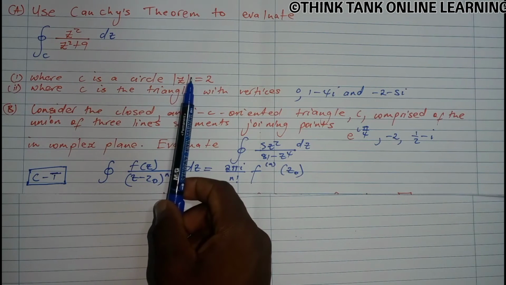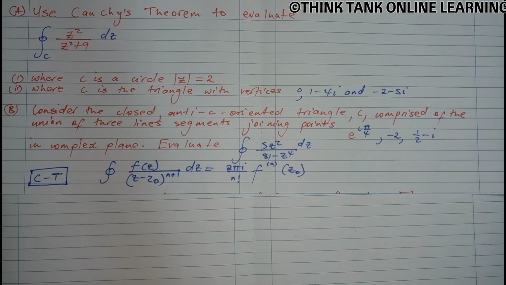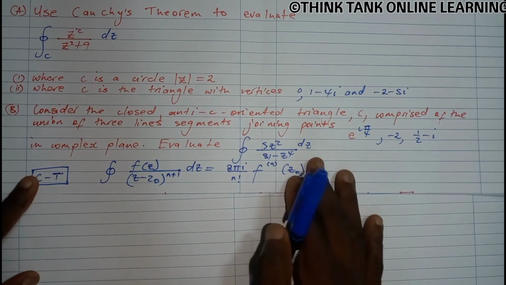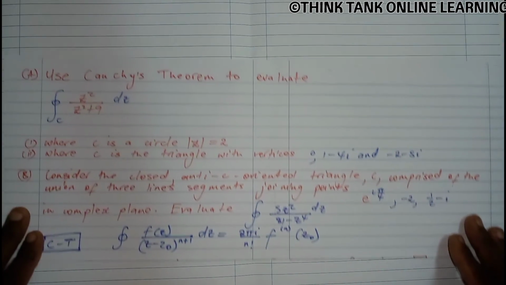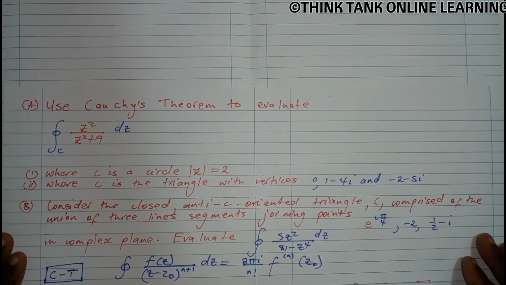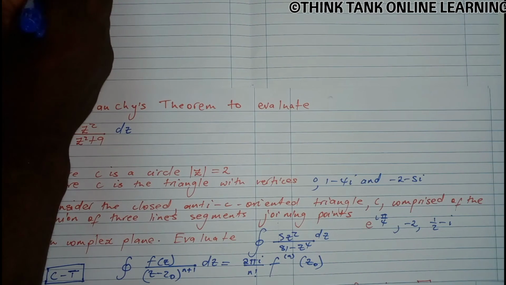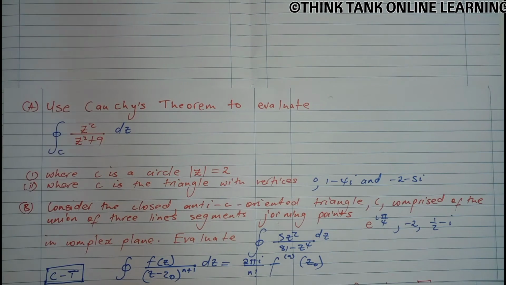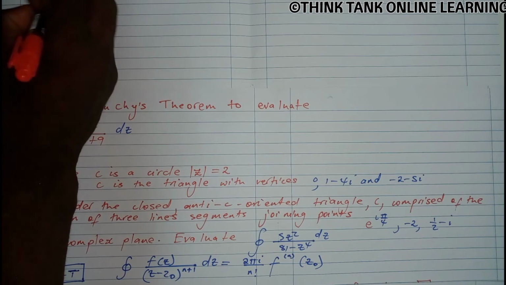C is a circle of absolute z equals 2. I'm assuming that you are familiar with complex numbers. If absolute z equals 2, this represents a circle, and what is on the right of the equal sign is the radius, so the radius is equal to 2.